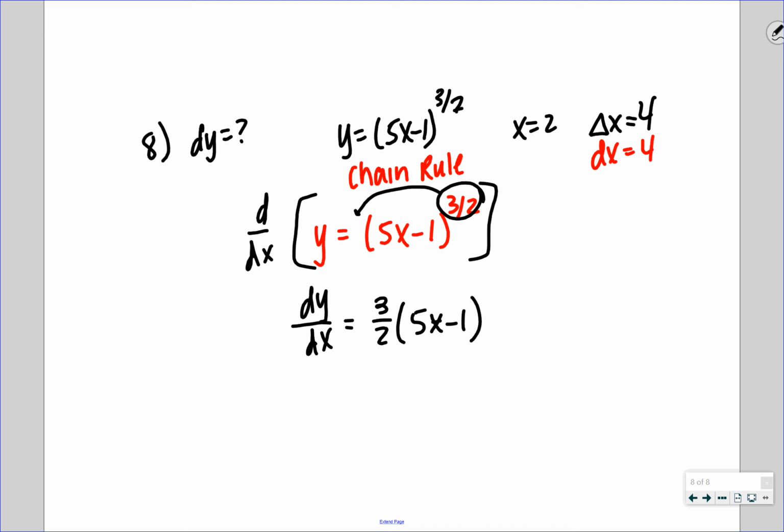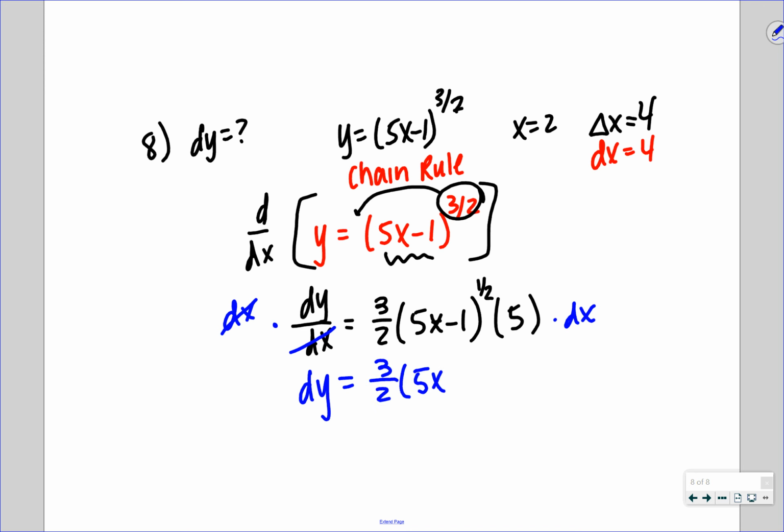My 3/2 gets lessened by 1, so I have 1/2. Now derive the inside, times 5. Okay, now I want dy alone, so I'm going to multiply by dx. dy equals 3 over 2 times 5x minus 1 to the 1/2 times 5 times dx.